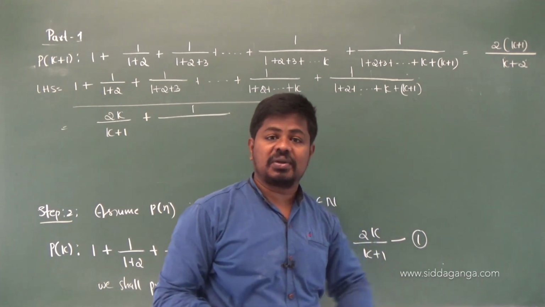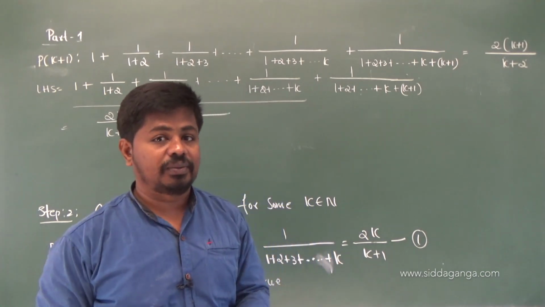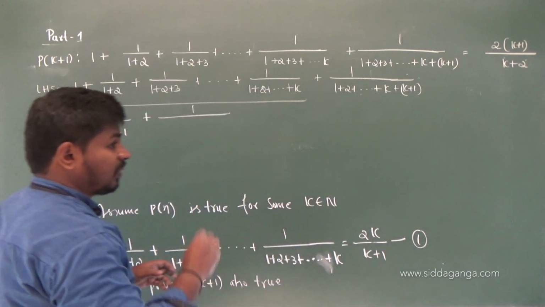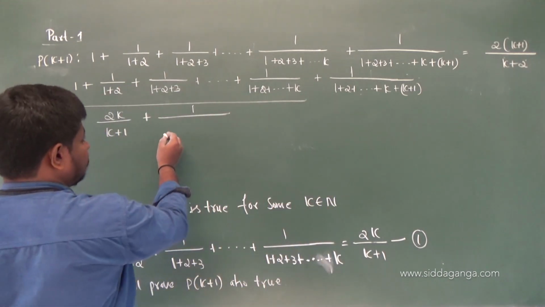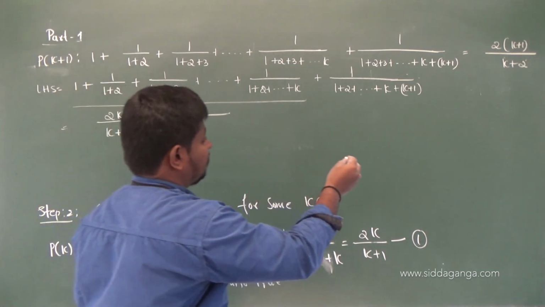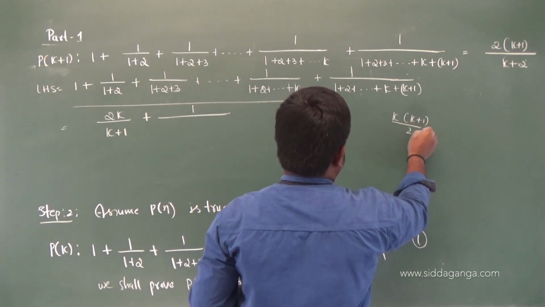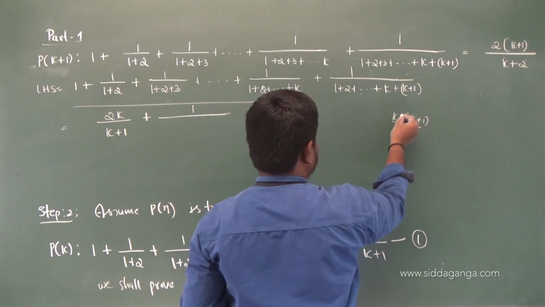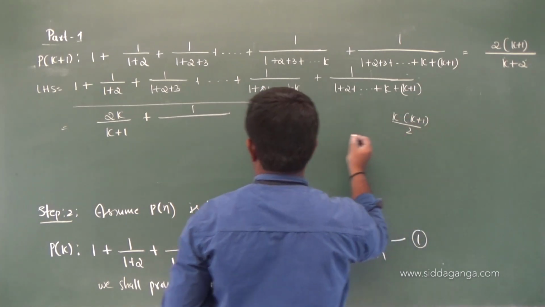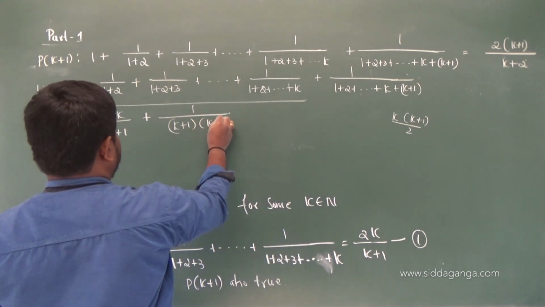What is the sum of the first n natural numbers? n into n plus 1 by 2. For the sum of the first k natural numbers, it is k into k plus 1 by 2. Then the sum of the first n plus 1 natural numbers is n plus 1 into n plus 1 plus 1 by 2, right? Hope you got this. So for the sum of the first k plus 1 natural numbers, in place of k take k plus 1: k plus 1 into k plus 1 plus 1 by 2, which means k plus 1 into k plus 2 by 2.